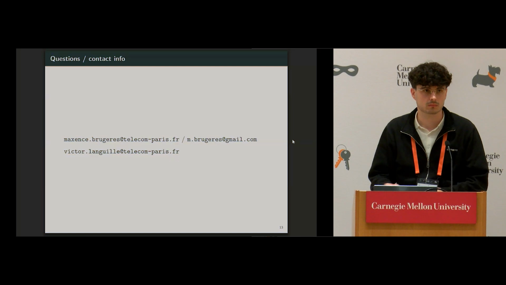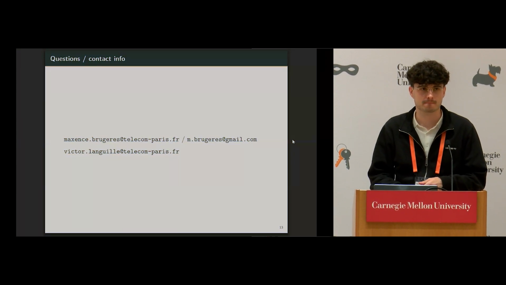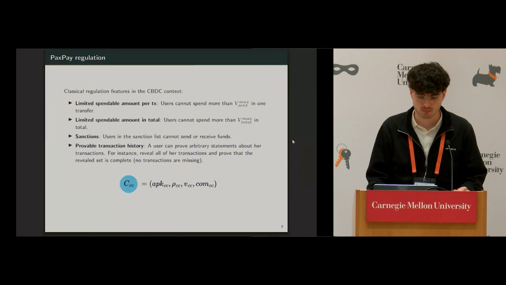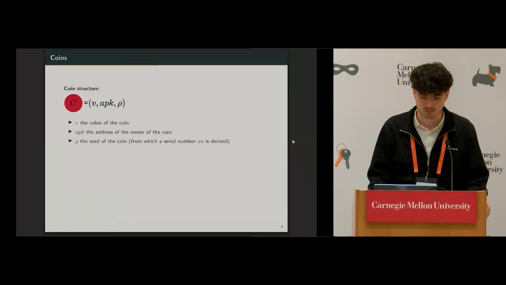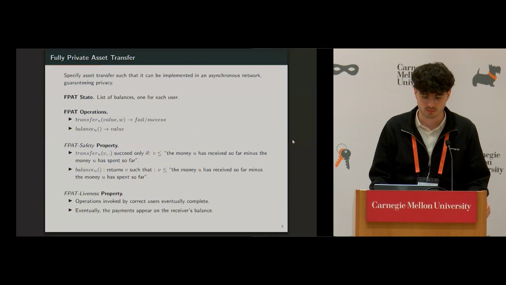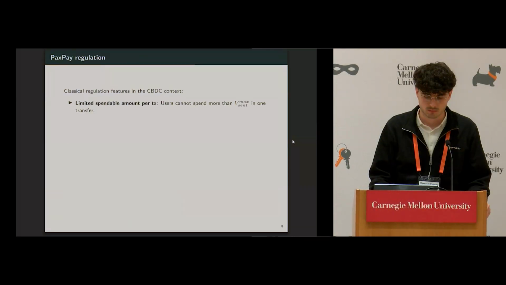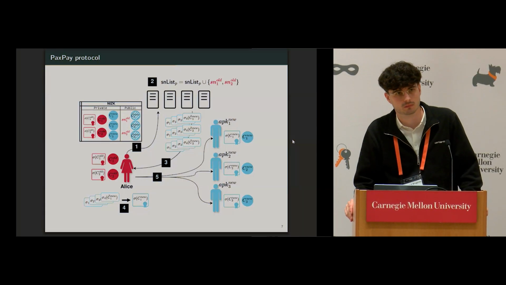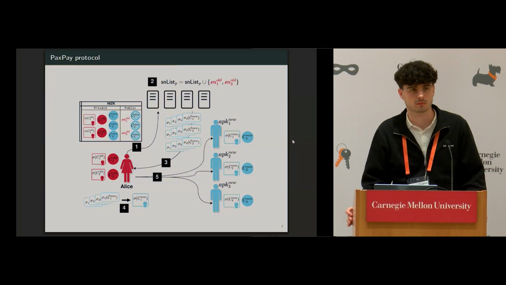Just a quick question. I was trying to understand the architectural differences between the coins as they currently stand in your system and Zcash or Penumbra style coins. Let's start with the standard one, not the regulated one. Number one is you aggregate the blind signatures separately. So you have the send list, and that allows you to have this asynchronous network property, unlike Zcash, which will sign everything in a given block.